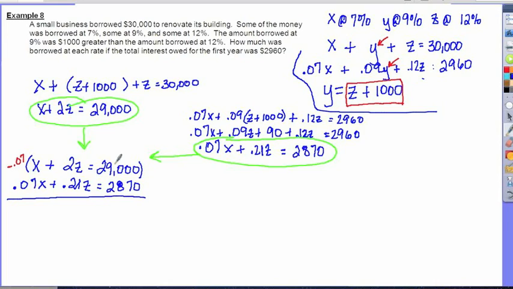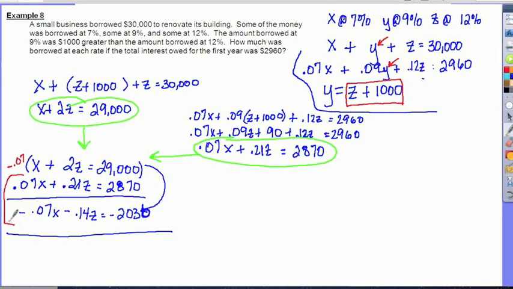If I do that, it's going to be negative 0.07x minus 0.14z equals negative 2,030. I didn't do anything with the second equation, so I'm just going to leave this alone.